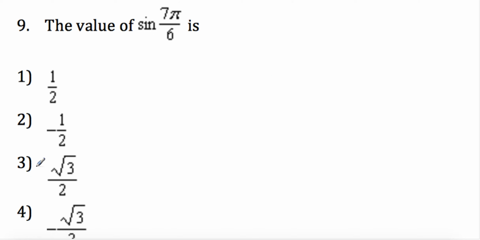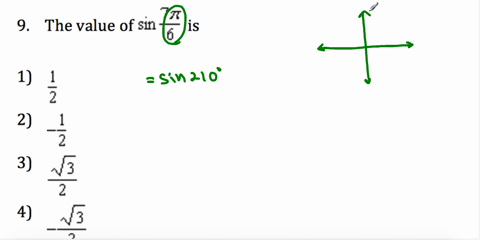Let's look at number 9. Here, what is pi over 6? Pi over 6 is 30 degrees. So then that's equal to sine of 7 times 30, which is 210. Once you look at the quadrant, 210 degrees is on the third quadrant. 90, 180, 210.